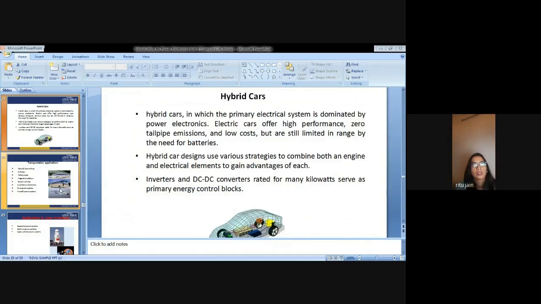Hybrid car designs use various strategies to combine both an engine and electrical elements to gain the advantages of each. Inverters and DC to DC converters rated for many kilowatts are the primary energy control blocks.